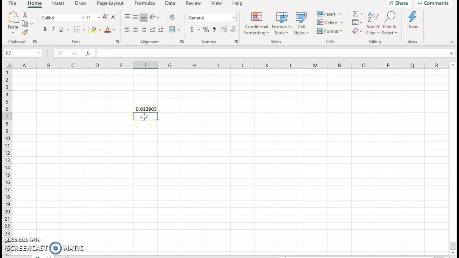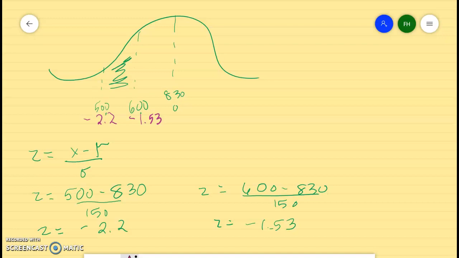That gives 0.0139. So from here to here is 0.0139.